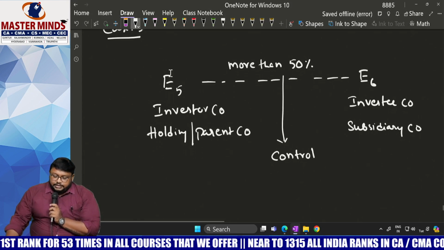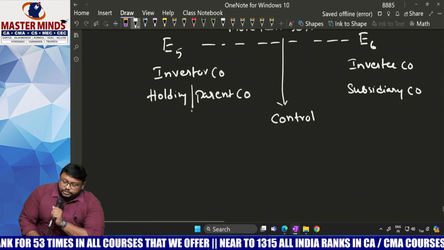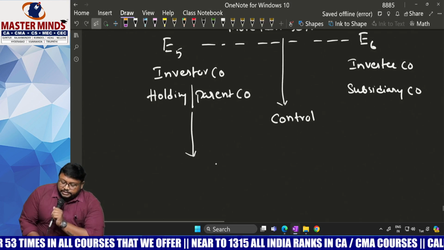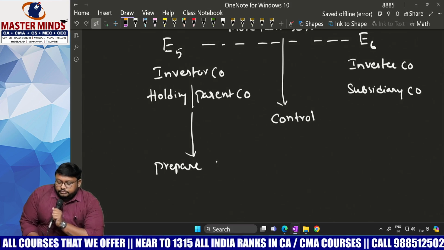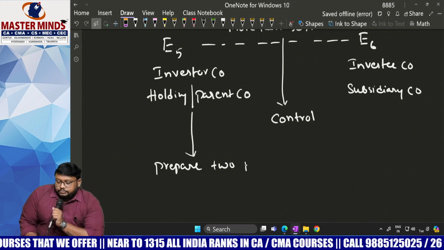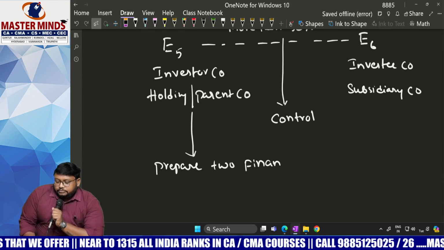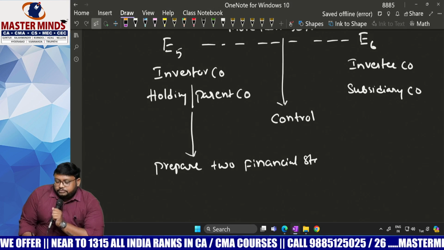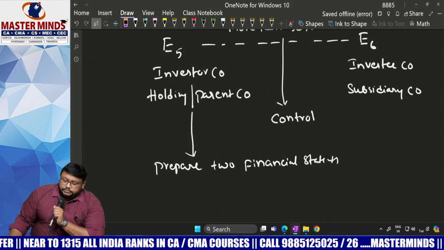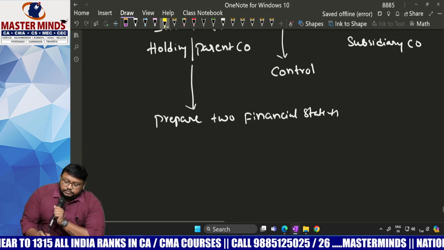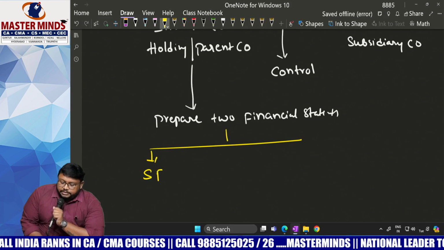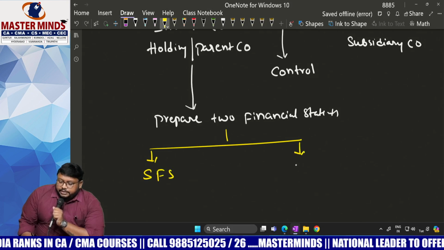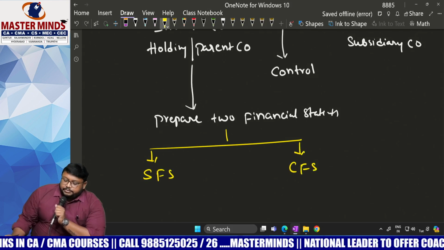In such conditions, the investor company has to prepare again two types of financial statements: one is separate financial statement, another one is consolidated financial statement.